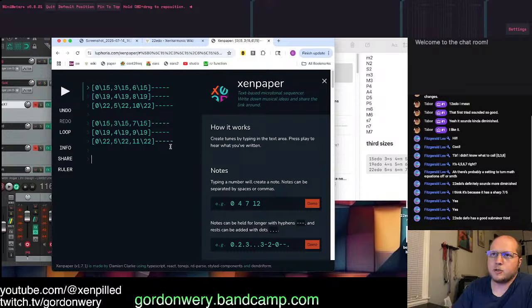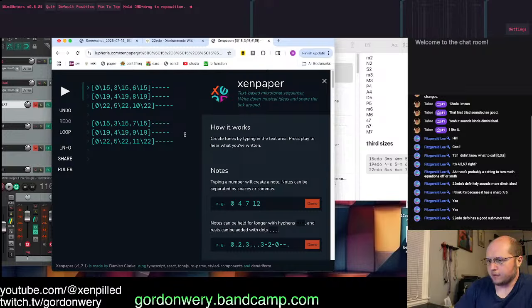But in 26, even though it's more notes, more finely divided up, the chords just sit in a nice spot where the subminor and the minor and the major and the super major are all distinct in a pretty clear way audibly.